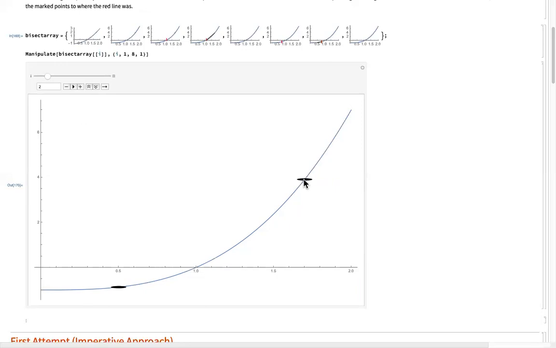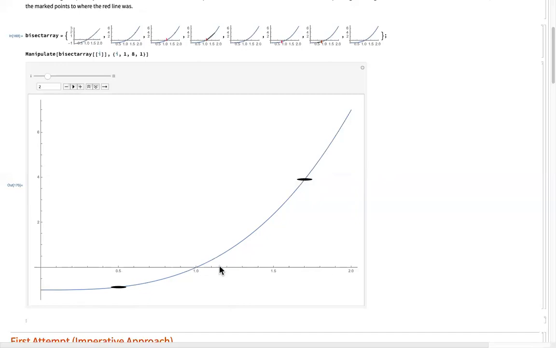So the idea is going to be, we've got these two points. Over here, the function is negative. Over here, the function is positive. We're going to chop it, find the place in the middle, and evaluate the function at that midpoint, or where it has been bisected, you might say.